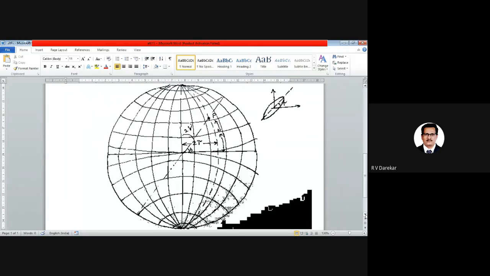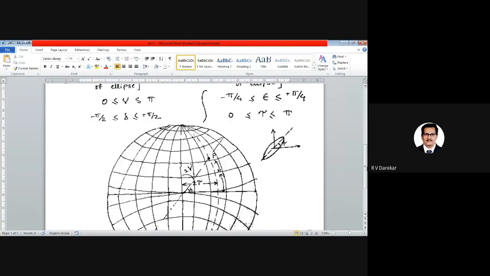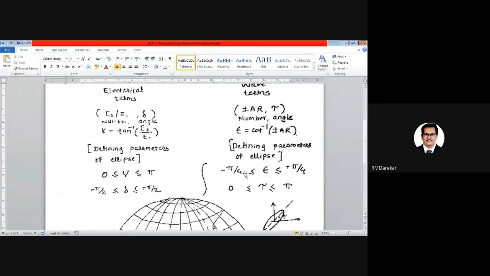If that is the requirement of electromagnetic wave to be expressed, here we can draw a sphere in which, if suppose we are considering any general electromagnetic wave, for that electromagnetic wave, let us assume that here we are calculating the value of gamma, as well as we are calculating the value of delta.